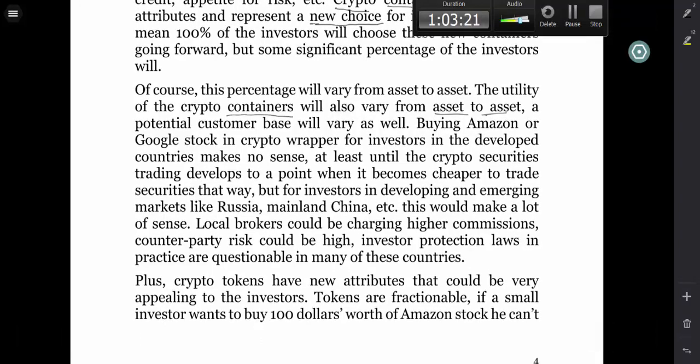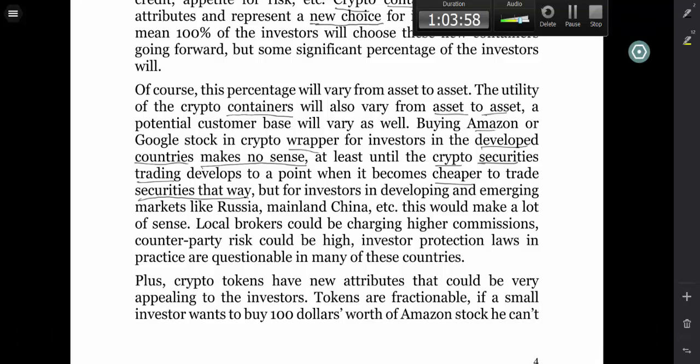And if you want to buy Amazon or Google shares, putting that into wrappers doesn't make any sense, because you already can buy those shares, at least in the United States and developed countries. At least until the so-called crypto securities trading platforms get to a point when it becomes cheaper to trade securities that way. I think this can happen one day.